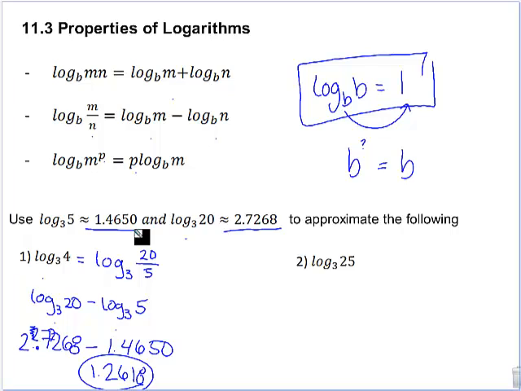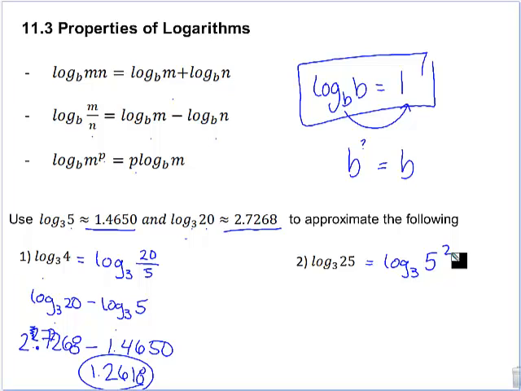Okay, so log base 3 of 25. Now we want to make 25 out of the numbers 5, 20, or 3 with multiplying, dividing, or exponents. So how could we get 25? Okay, so we could square 5. So this is the same thing as log base 3 of 5 squared.